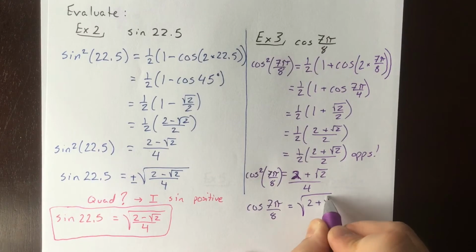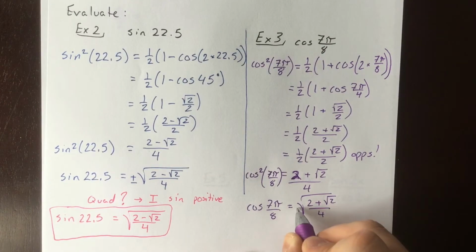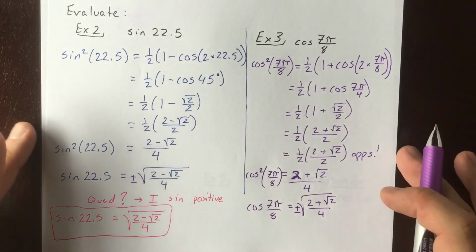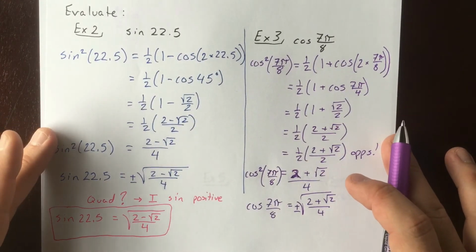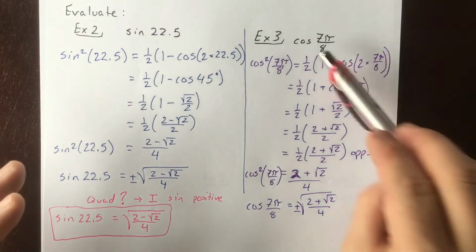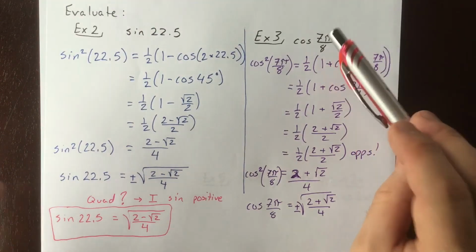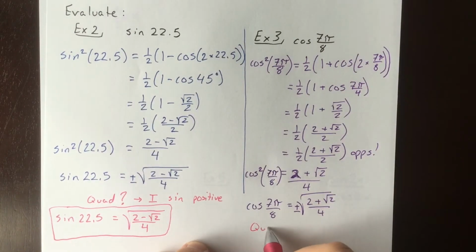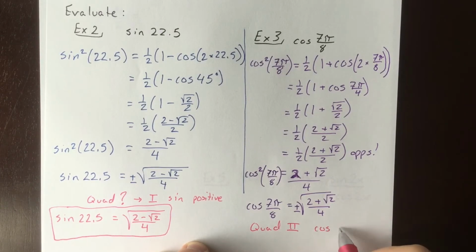But which root are we? Positive or negative? Let's think about where we are at. So 7 pi over 8. I'm 1 short from being 1 pi, so I am in quadrant 2, where cosine is negative, so we would use the negative radical.